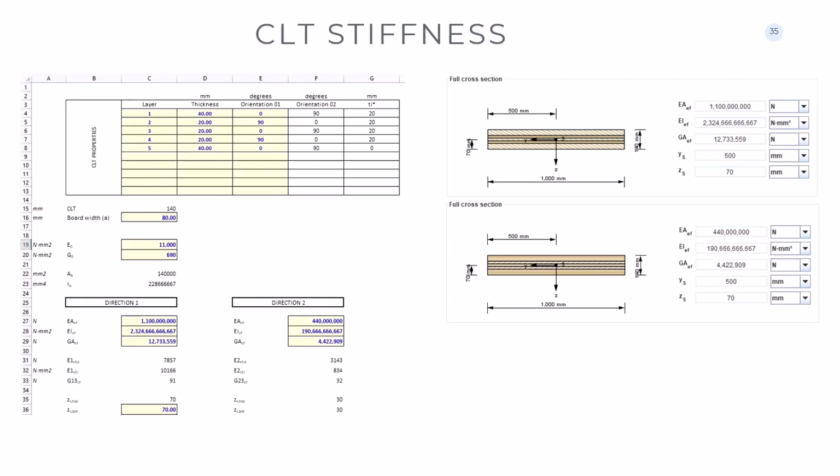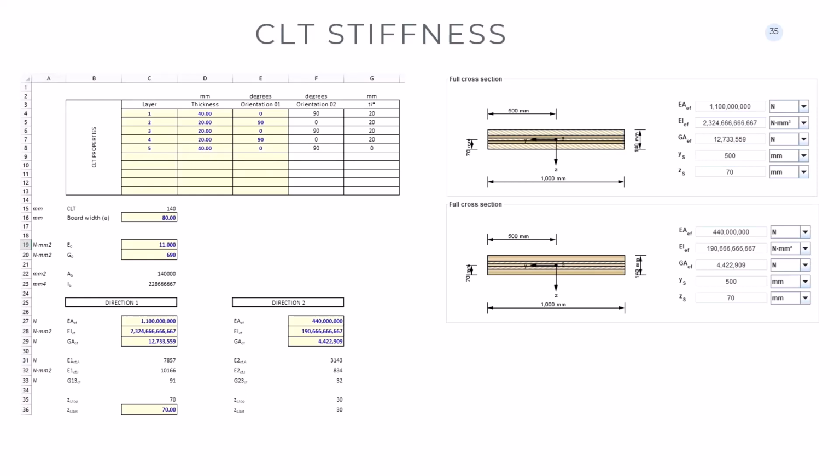If you establish the stiffness wrong, you get wrong results, and whatever you do, it's okay on paper, but it's not valid. So the problem of CLT is that it's orthotropic in the lamella, and it's orthotropic because you have lamellas in two different directions.